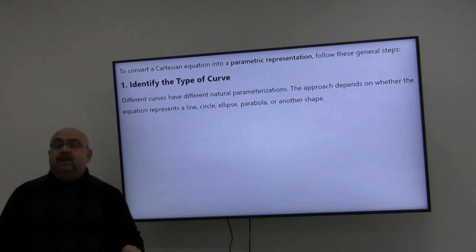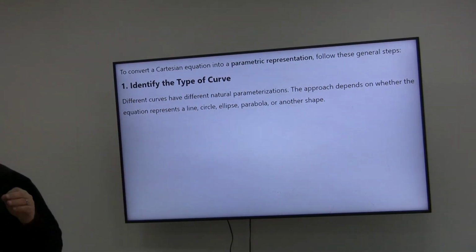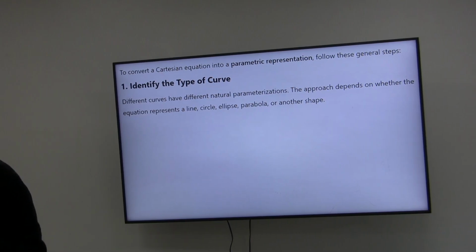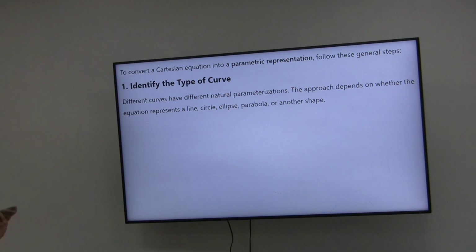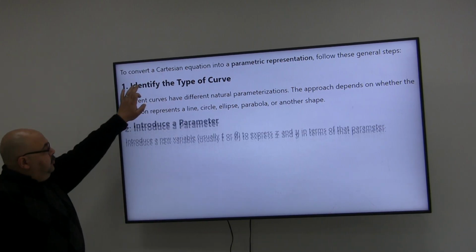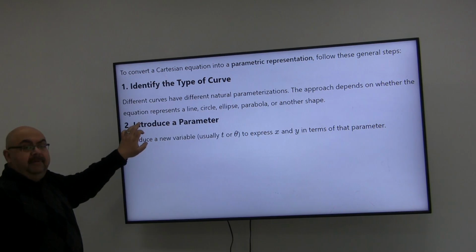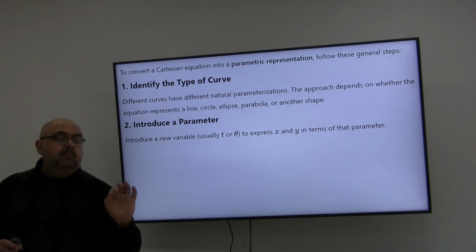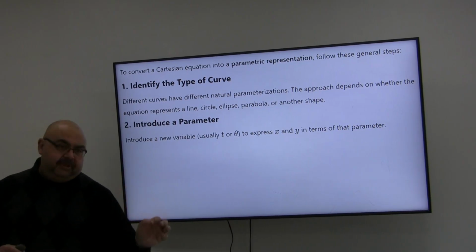This part will make you perfect the shapes and the equations of any parametric shape. It's well written, so it will make your life really easier. So identify the type of your curve, introduce a parameter, use t or theta. This is if you would like to move from Cartesian to parametric.